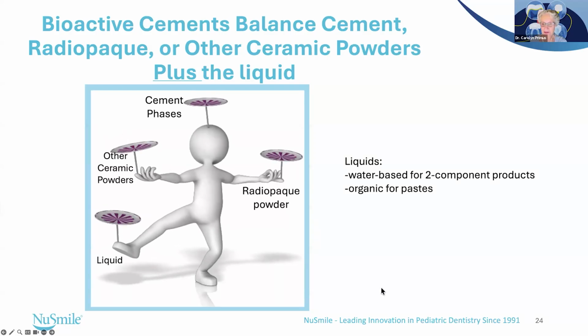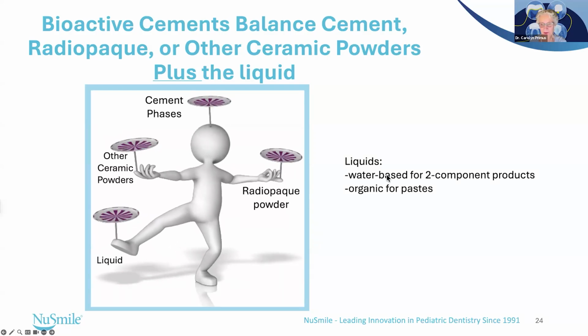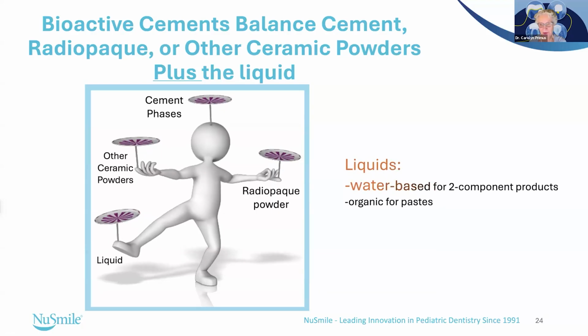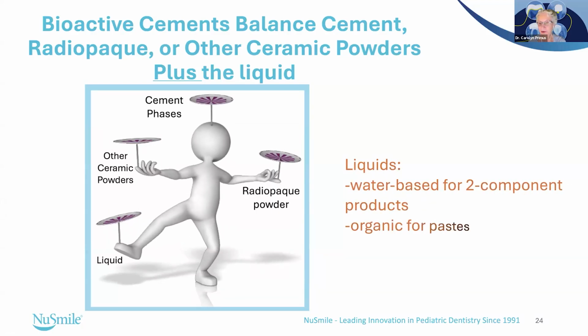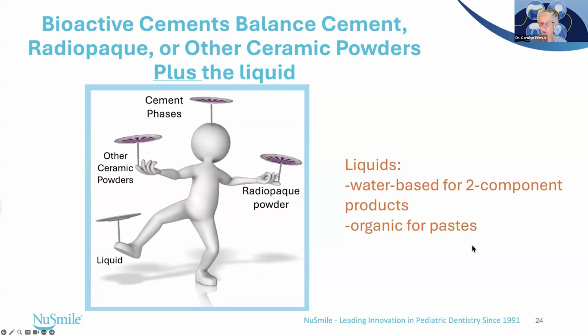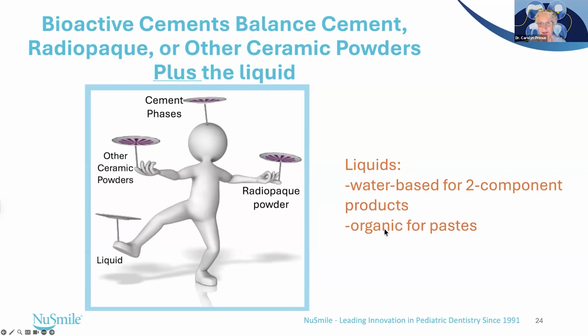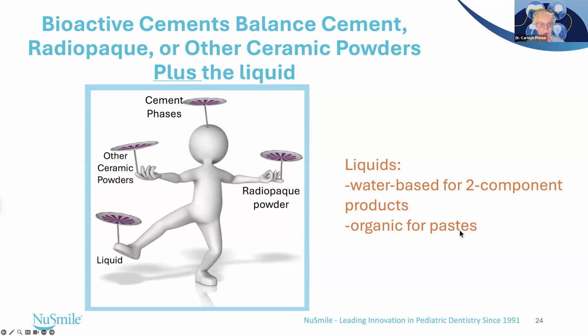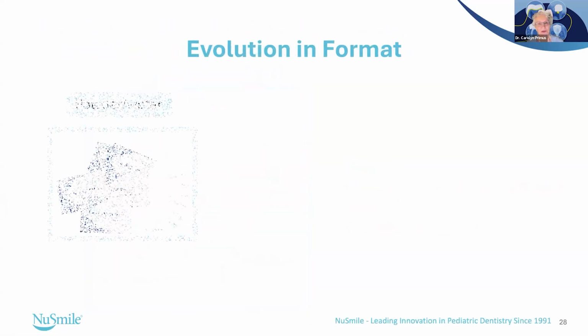So for instance, this is important and will help us later on. The liquids can be water-based for the two-component products, but we're going to talk about an organic liquid that is present in the paste or the putties that we're going to focus on tonight.